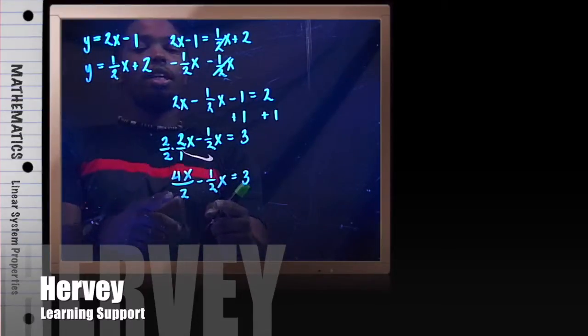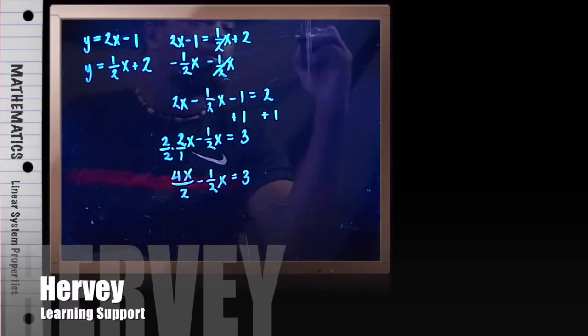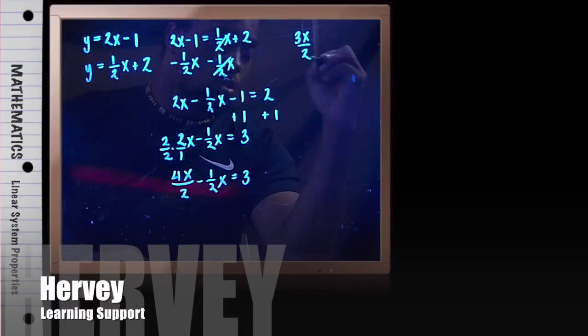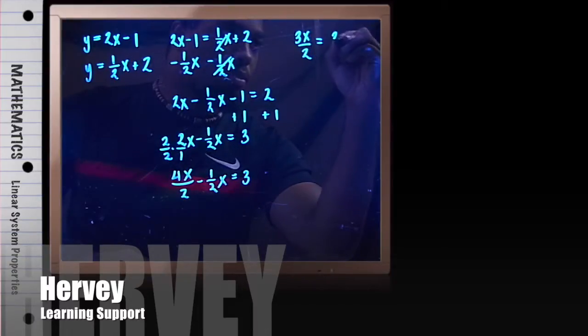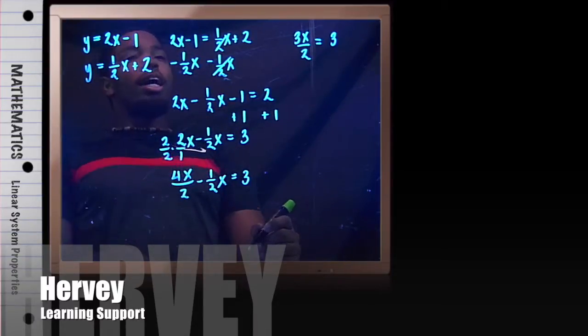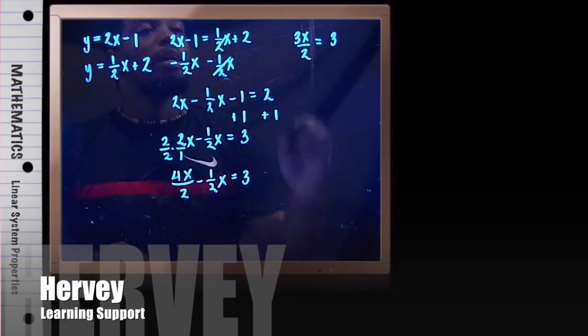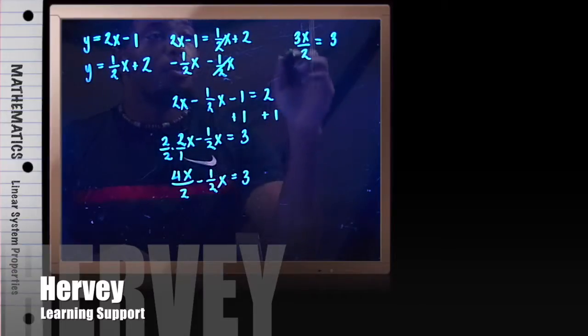Now, if I put these two together, once I have the same denominator, all I have to do is subtract the numerator. So 4x minus 1x would give me 3x over 2 is equal to 3. Now, I have 3 over 2 times x is equal to 3. So to get the x by itself, I'm going to multiply by the reciprocal of 3 over 2.